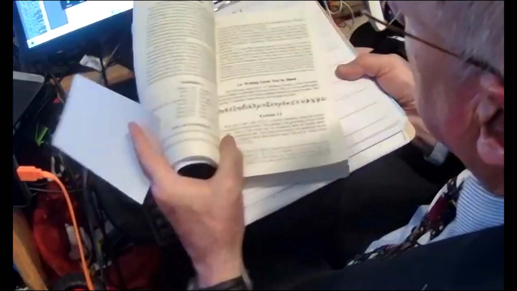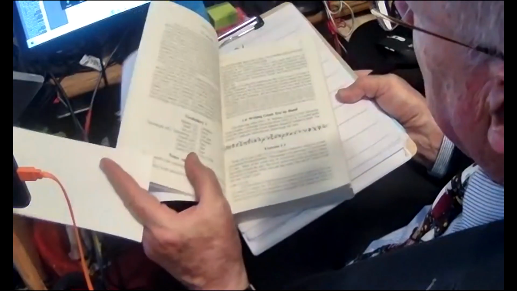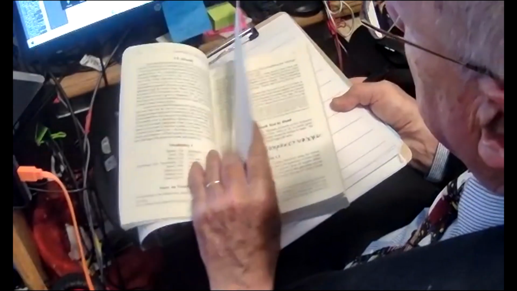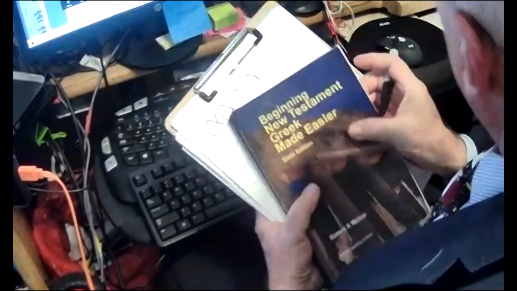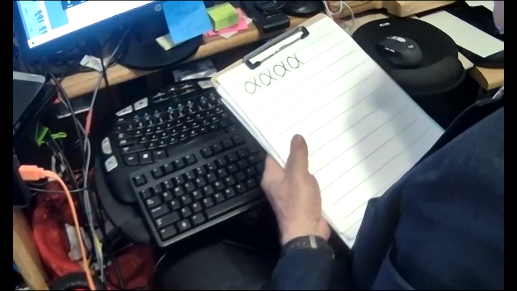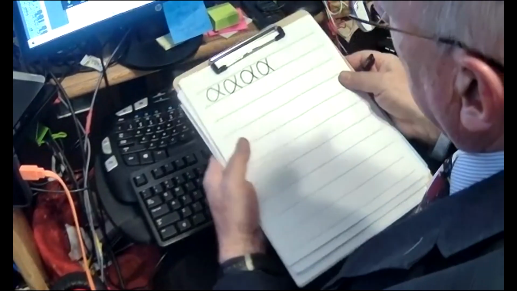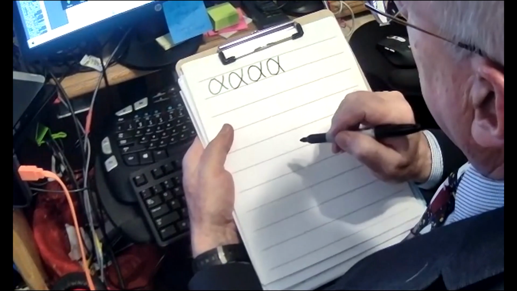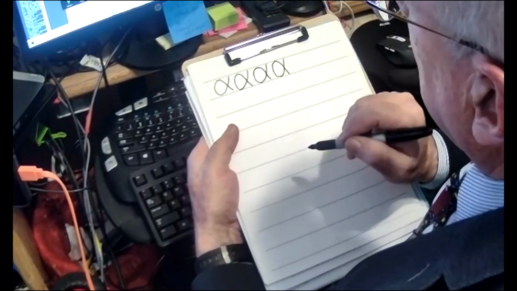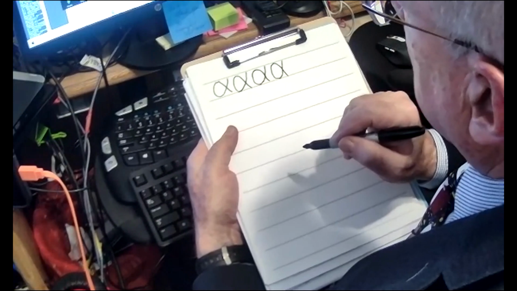But you can do it either way. The main point is that it is nice and readable and not too messy. So alpha is actually a regular size letter, we will say.